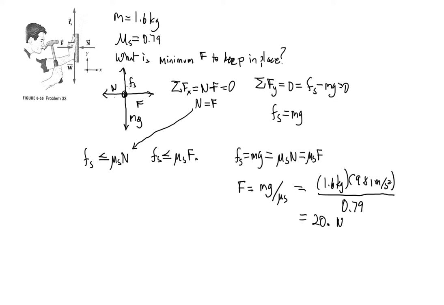Now the interesting question is, what happens if we press with a harder force? Well, that's the case where this less than or equal comes into place. The force of friction doesn't change, so press harder, harder. Fs is always going to be equal to mg. If Fs is greater than mg, then there's a force imbalance in the y direction, and the board would shoot up.